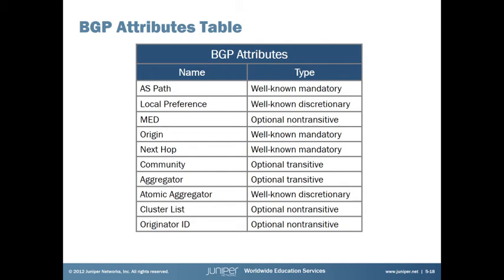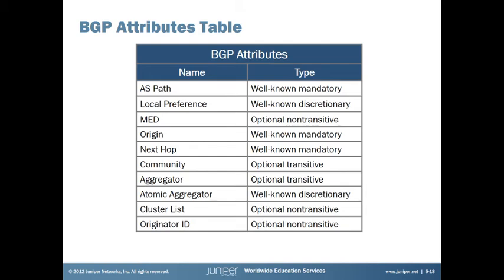We've got well-known mandatory: must be supported by all BGP implementations, and must be included in every BGP update. So, for example, the autonomous system path. Every time BGP advertises a route, it has to include that information, it must include the path. What else is in that mandatory there?